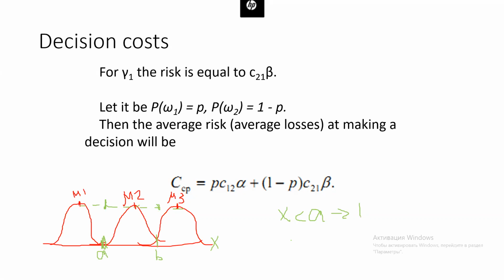It will be the first class if X is less than A, the second class if X lies between A and B, and the third class if X is greater than B. So you estimate your A like μ1 plus μ2 divided by 2, something like this, and the same for B.